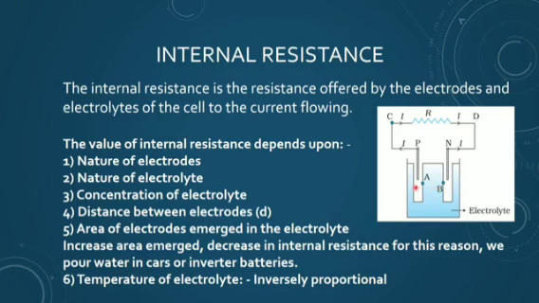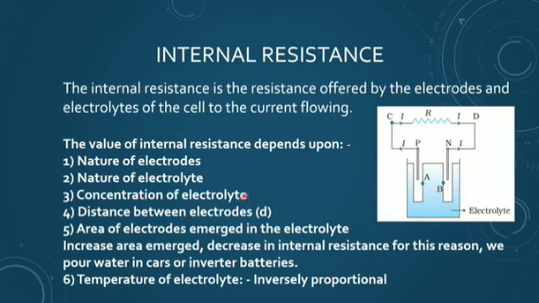Like we will be doing in the lab the experiment with the Leclanche cell or with the Daniell cell. When we take the Leclanche cell, the negative electrode is always zinc, a carbon rod is taken as the positive electrode, and ammonium chloride is taken as the electrolyte. You can do this as project work also, to study the factors on which the internal resistance of an electrolytic cell depends.